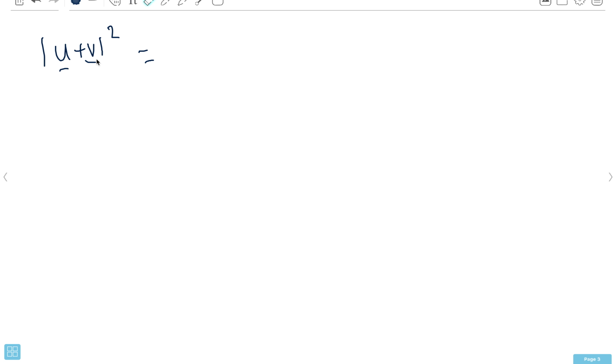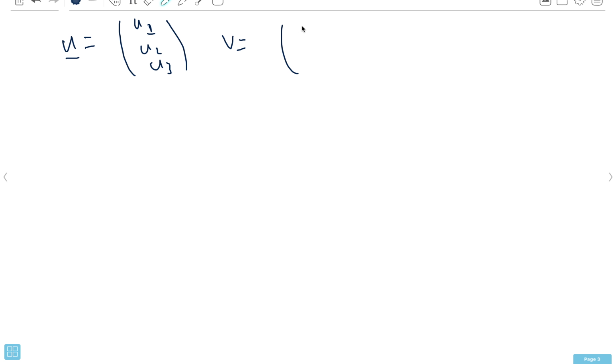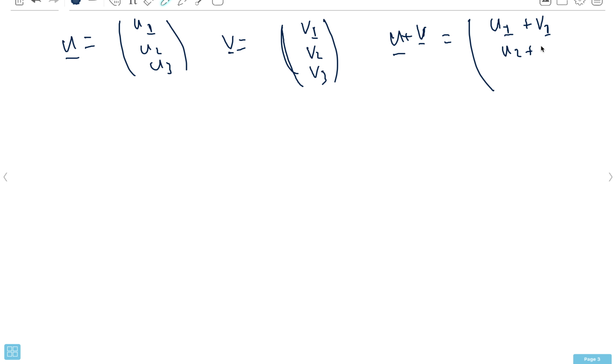You know, let me just go the long way. So if u is equal to u1, u2, u3, then u plus v, and we've already proved this, is u1 plus v1, u2 plus v2.